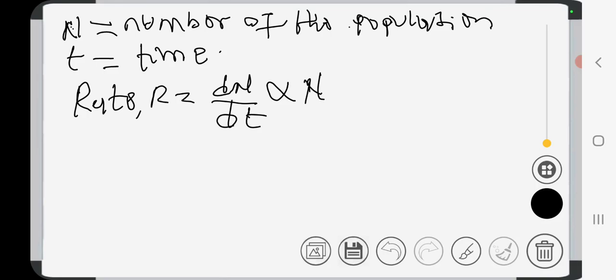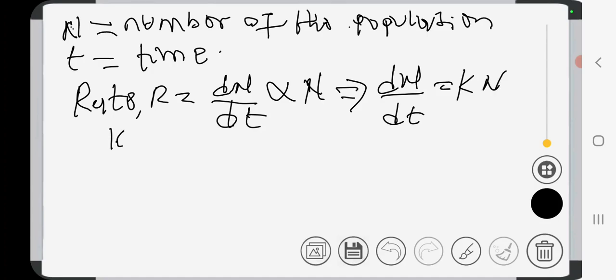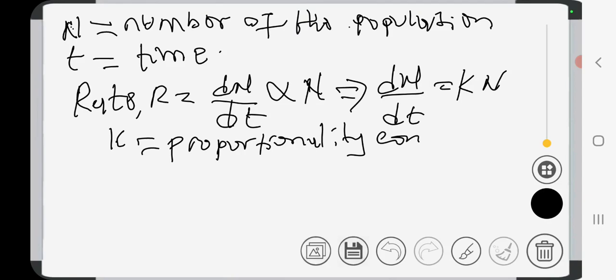So what we need to do now is to remove this proportionality sign. So what we have here means dn/dt is equal to kn, where k is the proportionality constant.